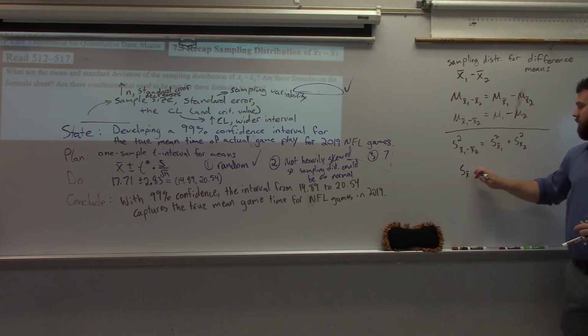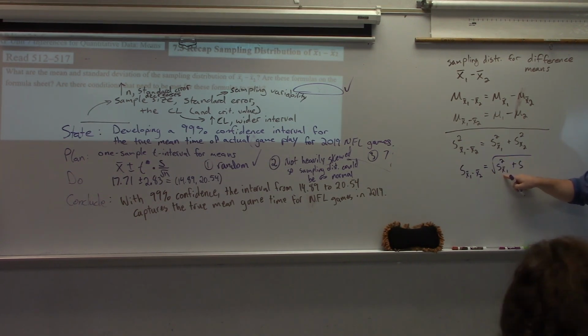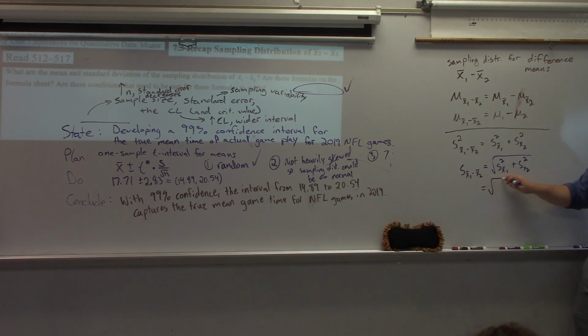So the standard deviation is equal to the square root of... Now, we just looked at this. What is the standard deviation of the sample means? S sub x bar is S divided by the square root of n. But if I need to square that, it's going to be S sub 1 squared divided by n1 plus S sub 2 squared divided by n2.